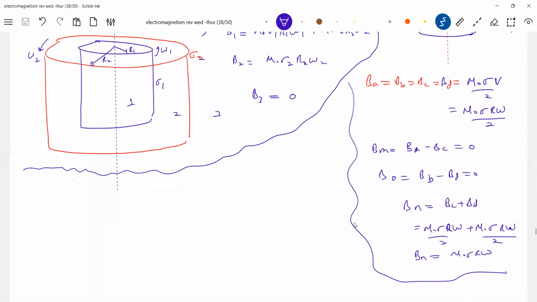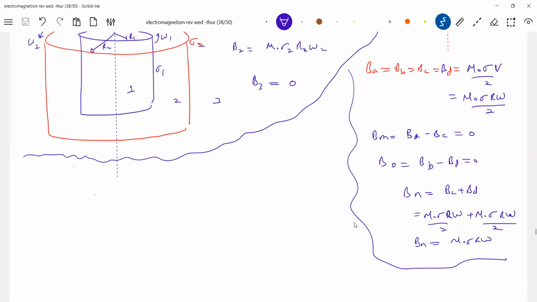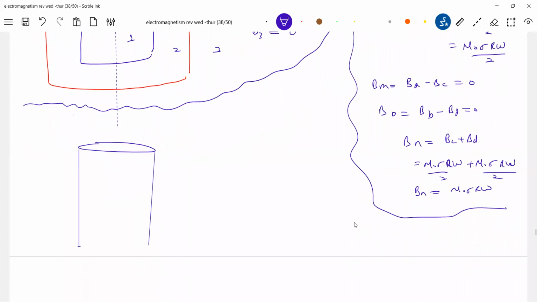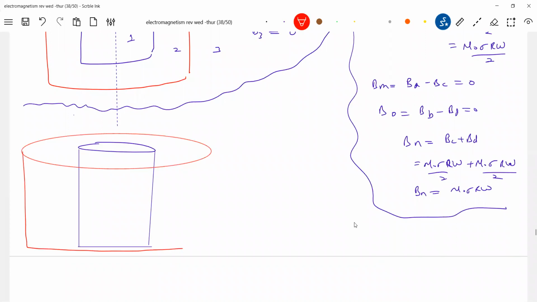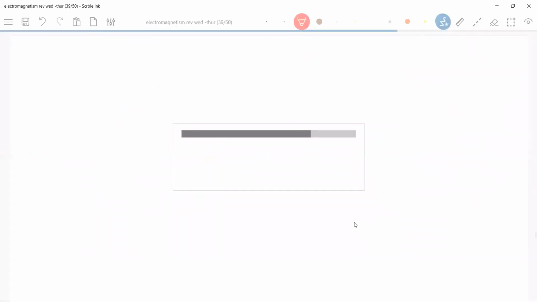Same diagram we can take. Let's come to a fresh page. Okay, let's take the inner cylinder.